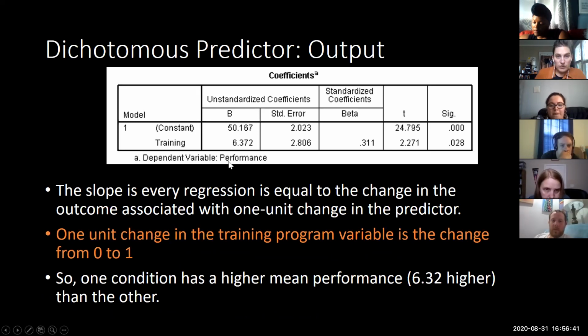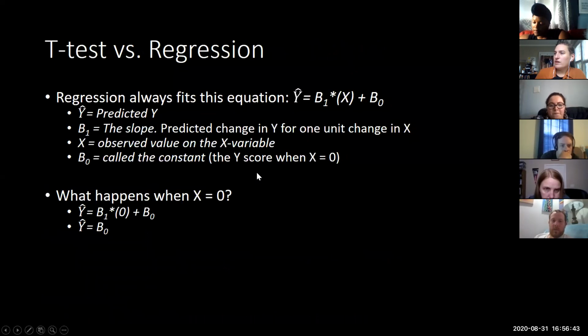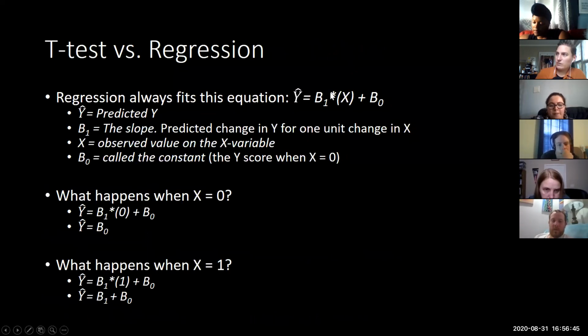In any regression equation, remember these? We have an intercept, the B0. Can you see my cursor? Okay, good. You have an intercept, which is a B0, and you have a slope, which is a B1. Now the intercept is always the predicted value when whatever your x is 0.